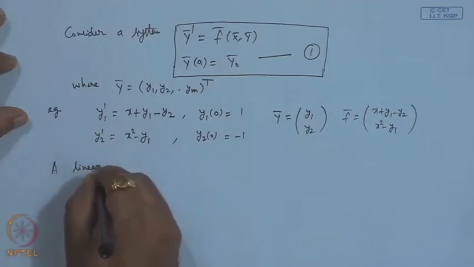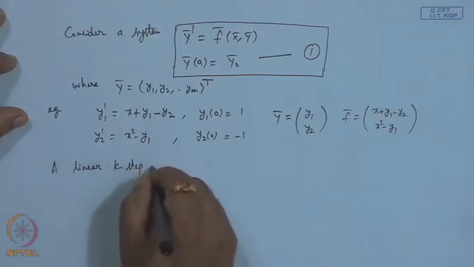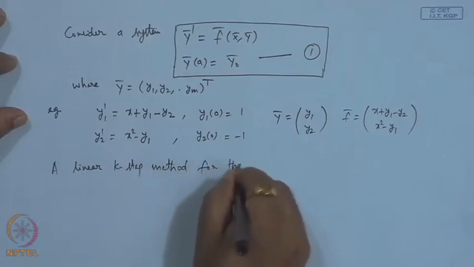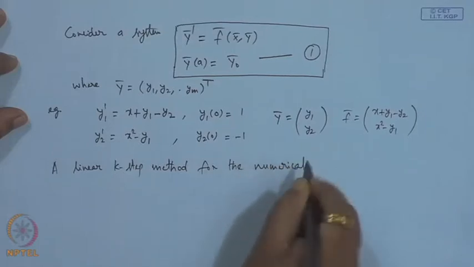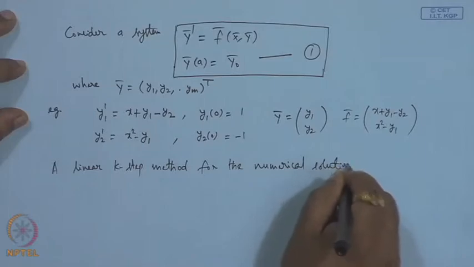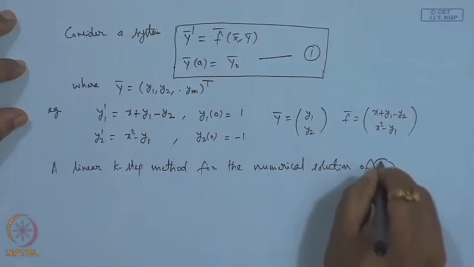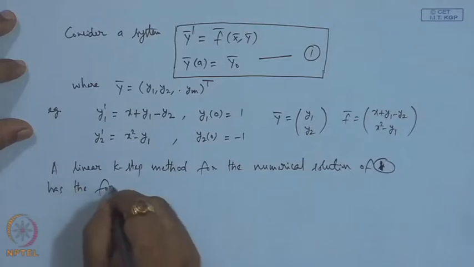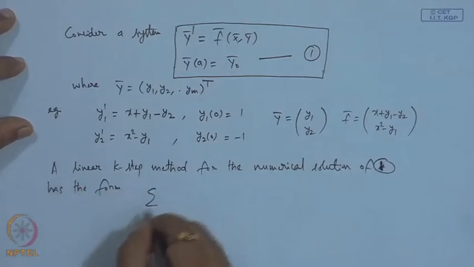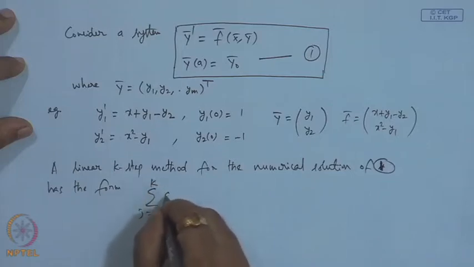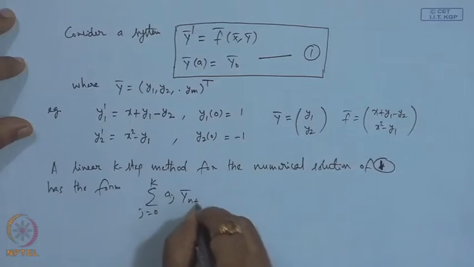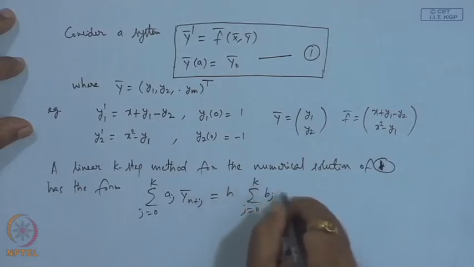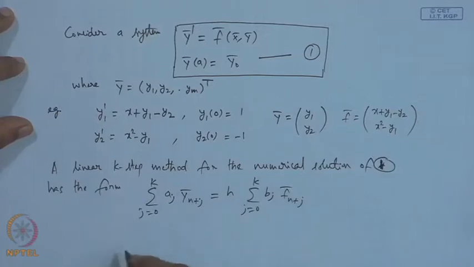So, a linear k-step method for the numerical solution of 1 we expect to have the following form. Okay.